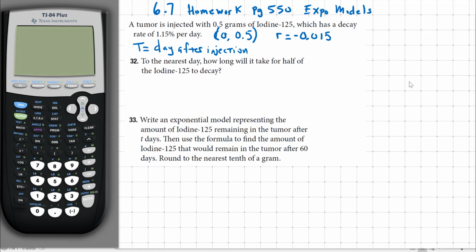We've got an initial amount of 0.5 gram, and we have a decay rate of, now that is not the right decay rate. So it is 0.0115. I left out a 1 there on that.